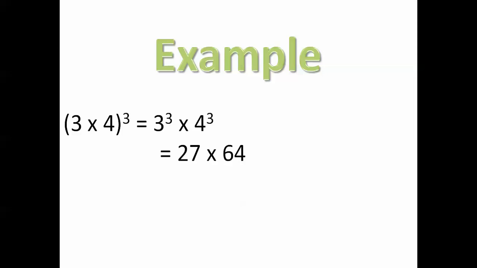So let's look at another example. 3 times 4, all cubed, is equal to 3 cubed times 4 cubed. This is equal to 27 multiplied by 64, which is equal to 1,728.